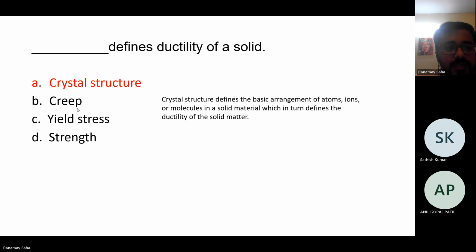So stress is a kind of stress, and stress doesn't actually. The crystal structure defines the basic arrangement of ions in solid matter, and defines the hardness of the matter.